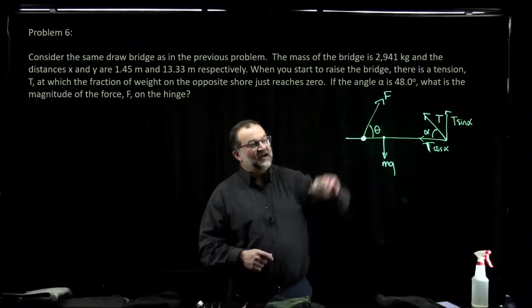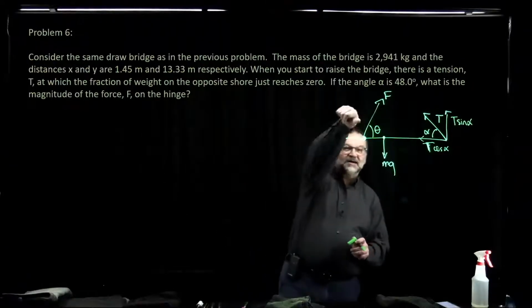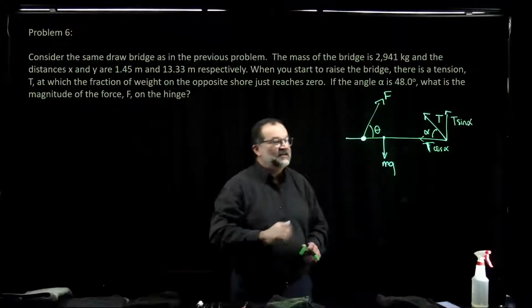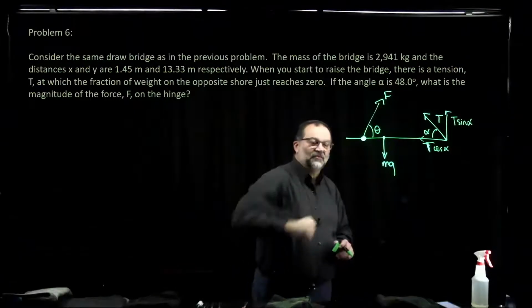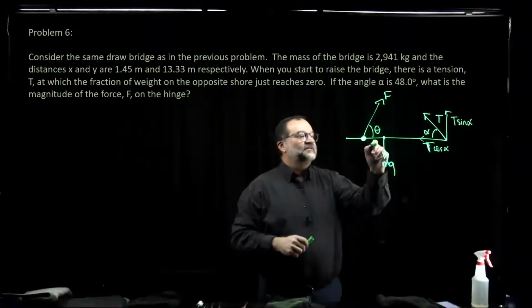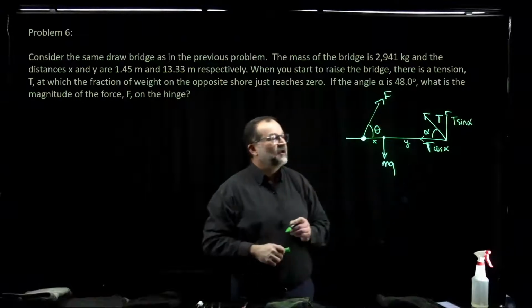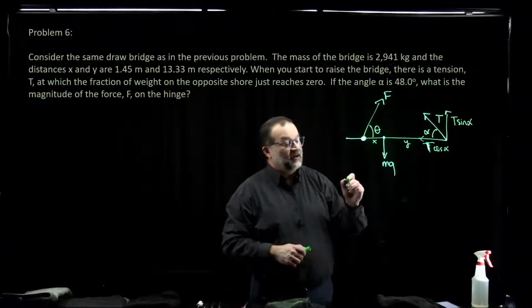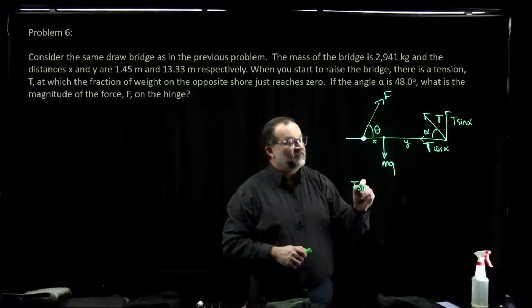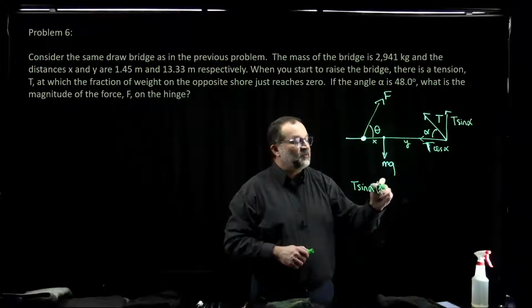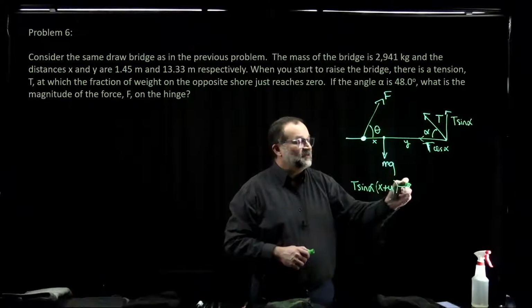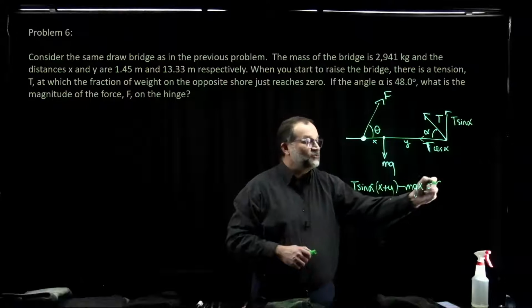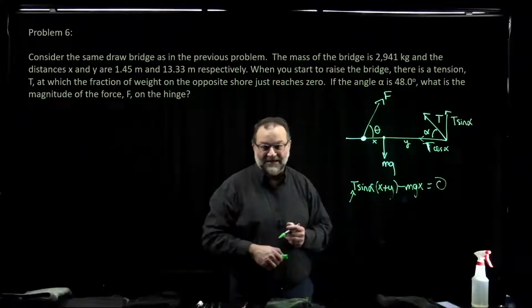T sine alpha causes that positive rotation about the hinge. Mg causes that negative rotation about the hinge. That's a distance x, that's the distance y. And so we're going to just do the torque equation first. T sine alpha onto x plus y minus mgx equals 0, and that gives us T.